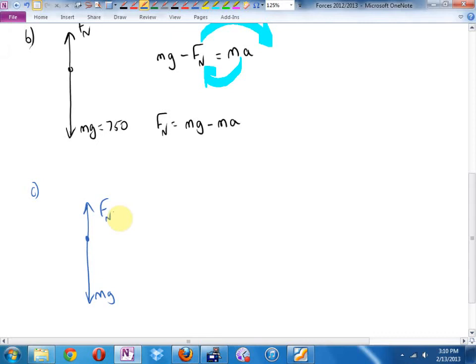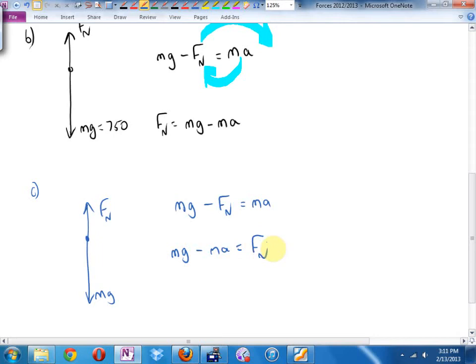But if you weren't sure, I think you would still say, well, it's accelerating down, gravity's winning, I'll draw normal force shorter. I think you would say gravity minus normal force equals ma, just like we did in B. I hope, Connor, you would get the normal force by itself, and you would say mg minus ma equals the normal force, just like we did in part B.